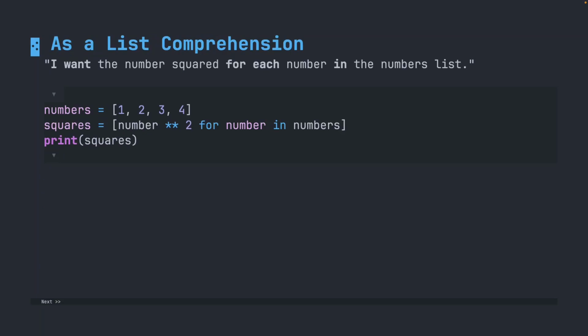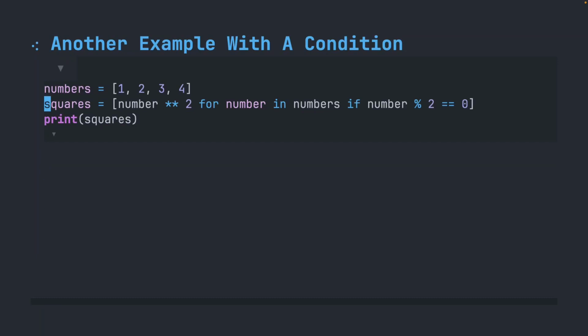Here's the same code using the sentence frame and as a list comprehension. I want the number squared for each number in the numbers list. Here's my expression where I square the number, and then I have my item variable and my iterable. And you'll see I get the same exact output.